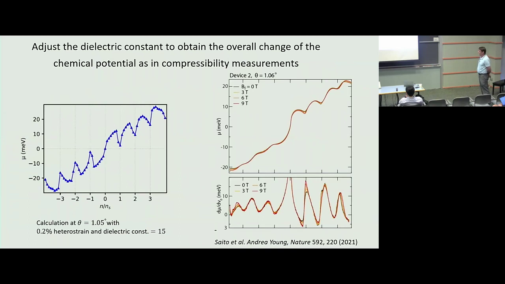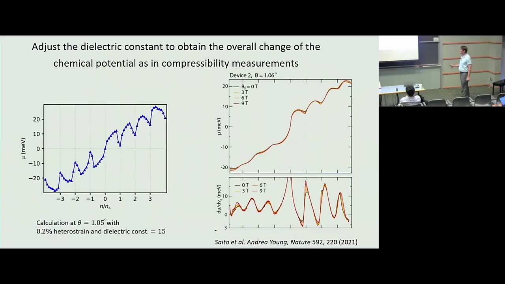In order to add the Coulomb interactions, we need to calibrate them. There's a question of what dielectric constant one should use. And the way we do that is we go to zero magnetic field, consider this twist angle, and in this particular case, we add 0.2% heterostrain. The previous talk discussed the effects of this. And then just simply within self-consistent Hartree-Fock, we compute the chemical potential as a function of density.